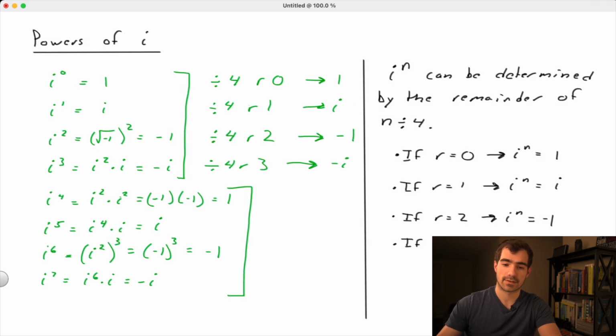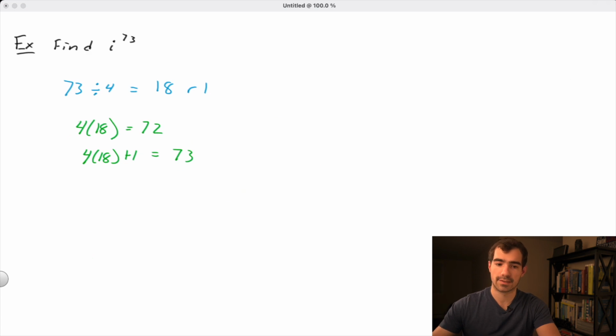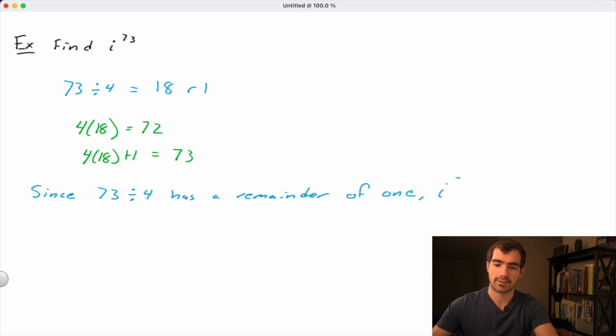We can reference back to our previous pattern and note that any time our exponent has a remainder of 1, the result is going to equal i, allowing us to determine that i to the 73 is equal to i. So in other words, since 73 divided by 4 has a remainder of 1, i to the 73 is equal to i.